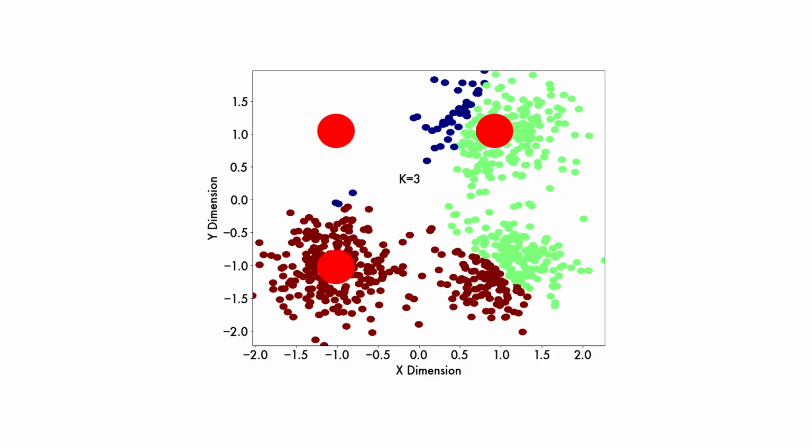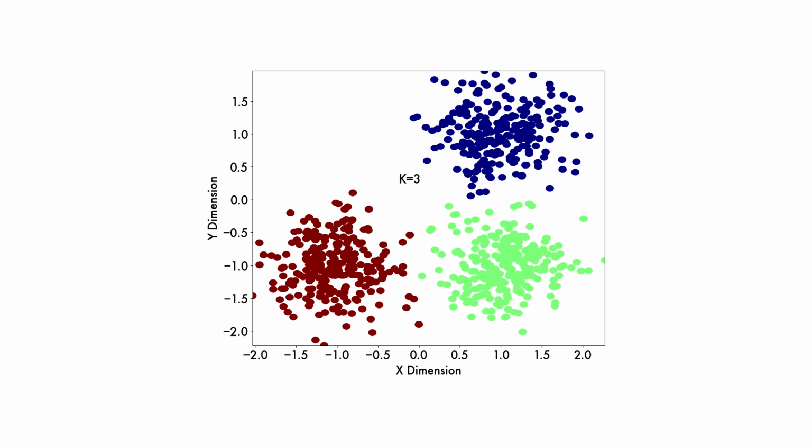After you assign the data points, this doesn't mean that the clusters will have its center at the cluster center. So you have to update the cluster center to the average of the assigned points. And you do this many times, and the third step is to stop when no point assignments change.